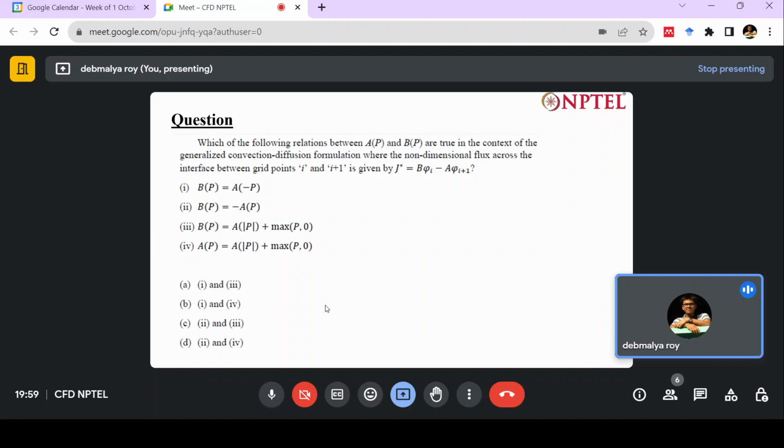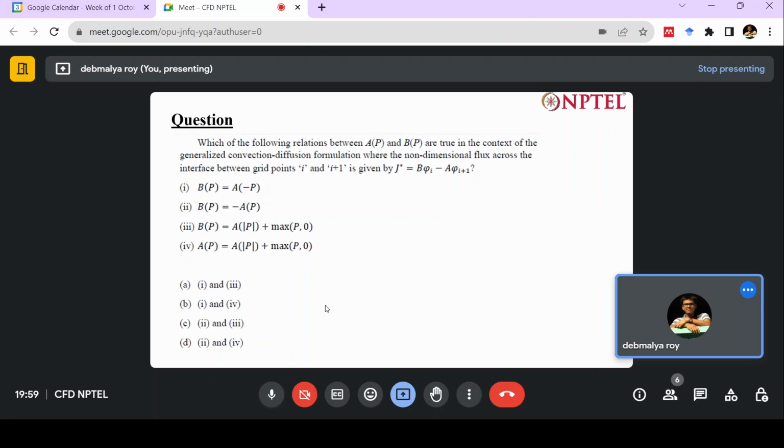In that case, whatever flux was going from I to I plus 1 would go from I plus 1 to I, since the direction that we were considering has changed.